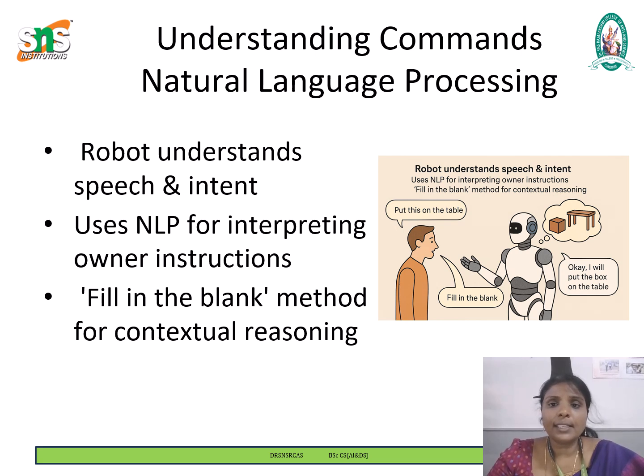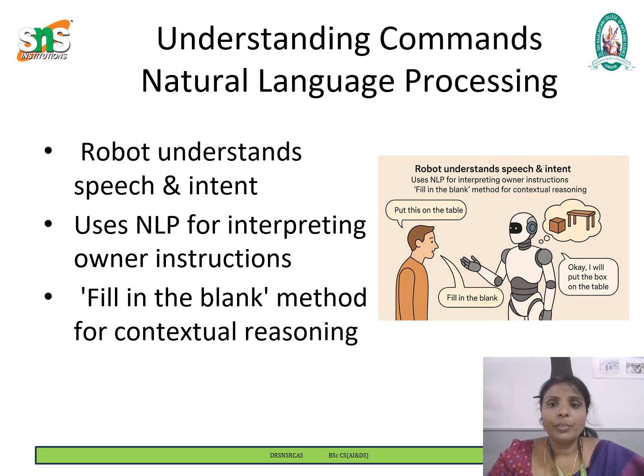To enhance its understanding, the robot may use a technique called the fill in the blanks method or contextual reasoning. This involves identifying missing or implied information in a sentence and using context to infer what is not explicitly stated.